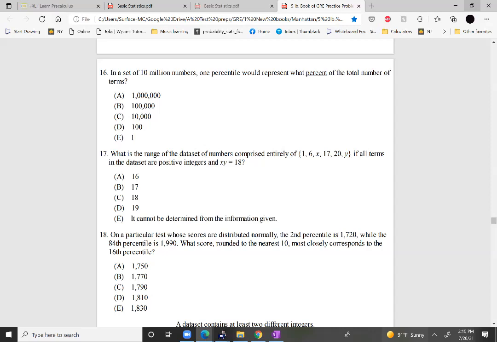All right. Try number 17. What is the range of the data set of numbers comprised entirely of 18?